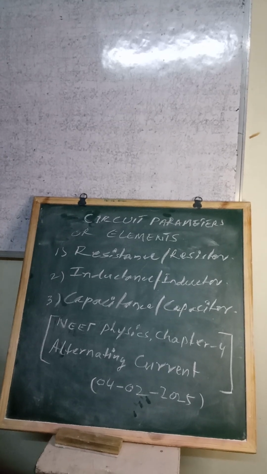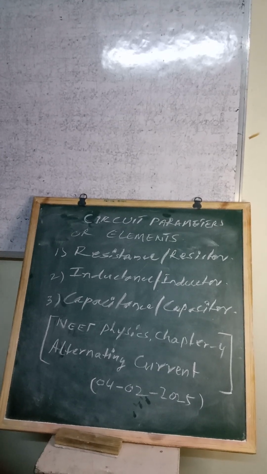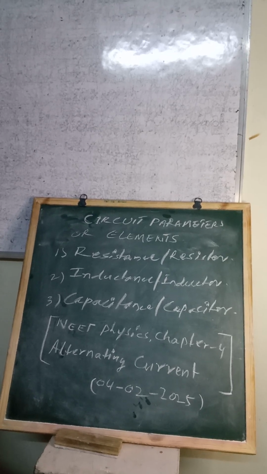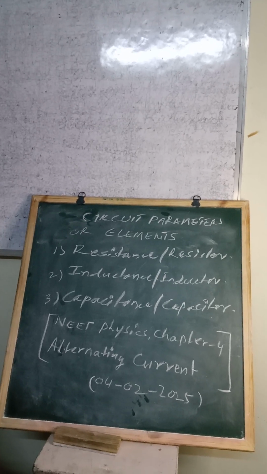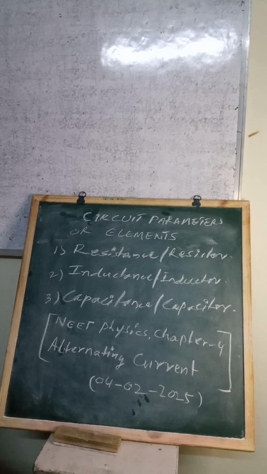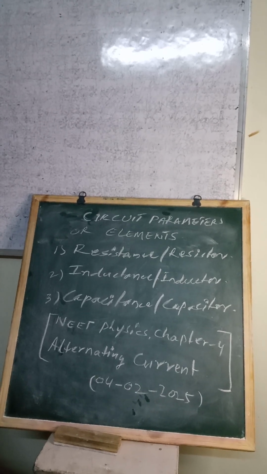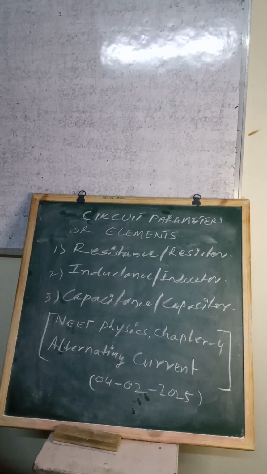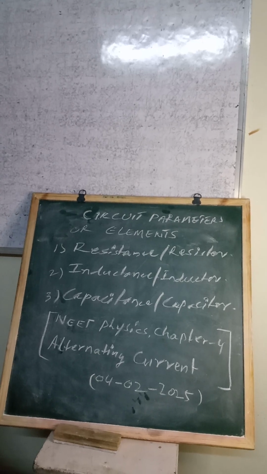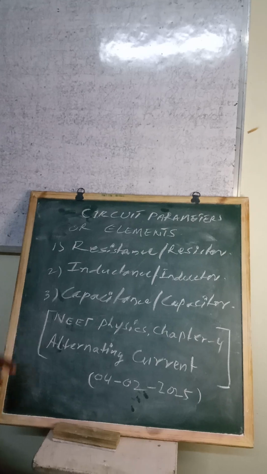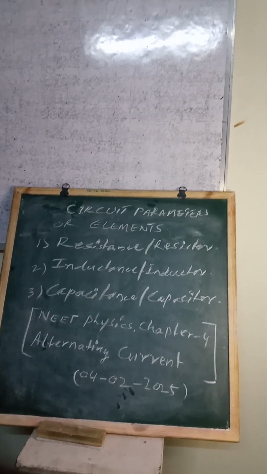By definition, the resistance is what? A property of the element which opposes the flow of current through it will be called the resistance. And the element possessing its appearance is the resistor.